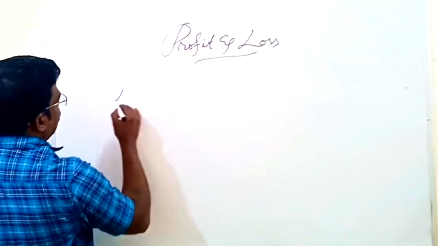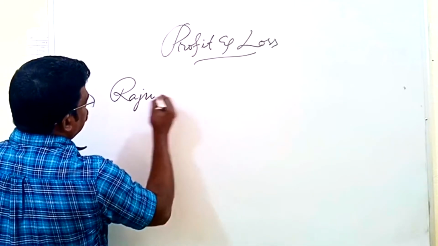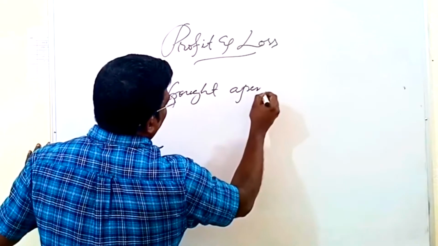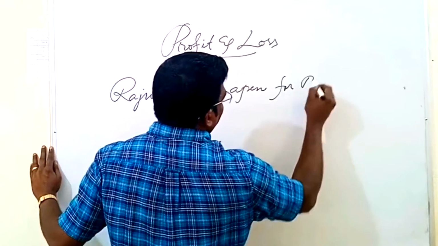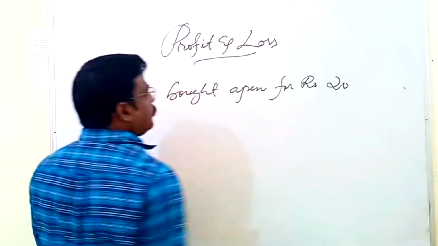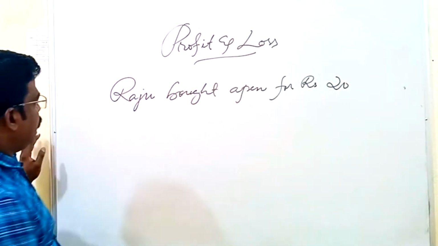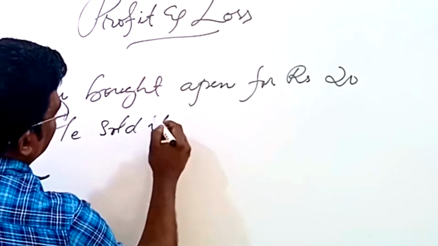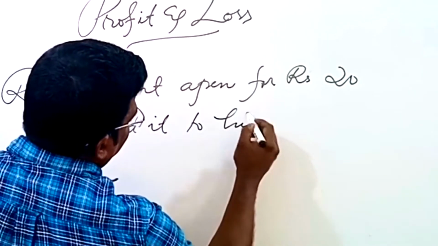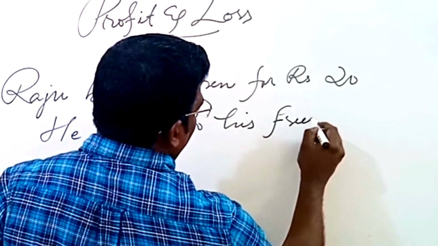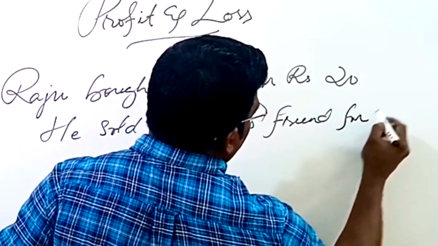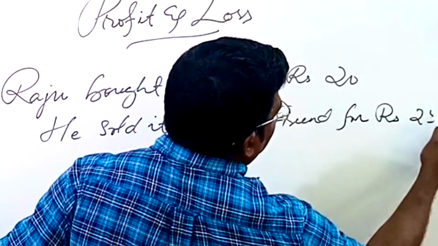So here Raju bought a pen for rupees 20 and he sold it to his friend for rupees 25.